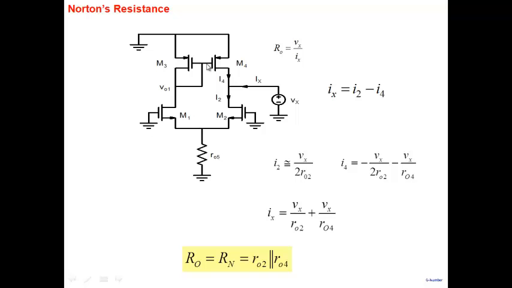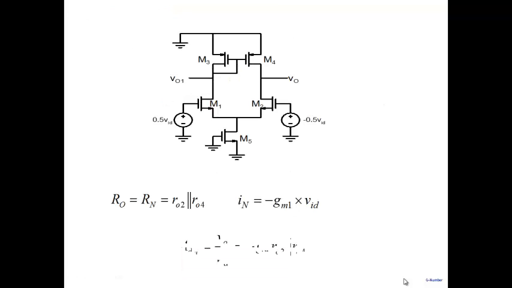And similarly, if this node is ground, then if you look up, all you see is R04, and therefore you get a resistance which is R02 parallel R04. You get the right result through a wrong procedure. This node is not ground. We just saw that there is a resistor 1 over GM and the current starts here, flows here. It's much more complicated.